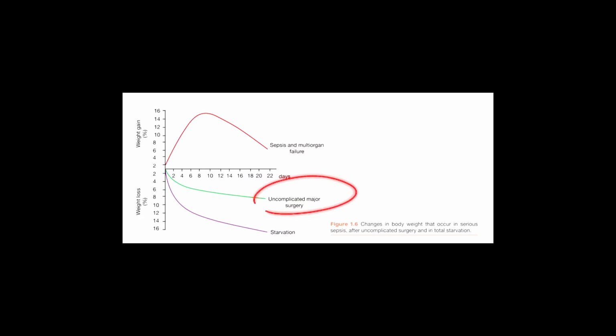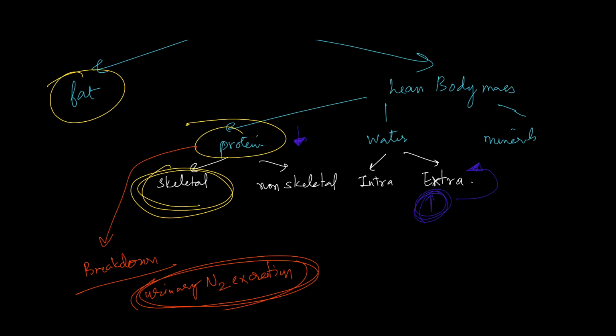However, in uncomplicated major surgery, since the patient does lose protein because of the metabolic stress, there is a decrease in the weight, and following starvation also there is a decrease in the weight. And we've already discussed that this occurs because of the protein and fat breakdown, which are the labile energy reserves.